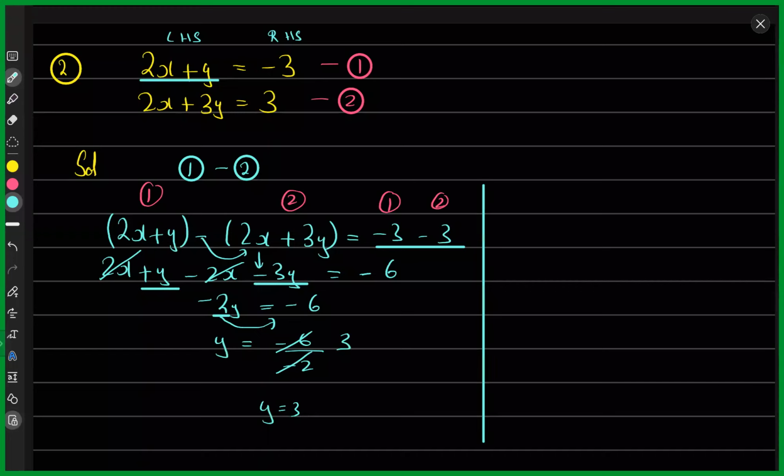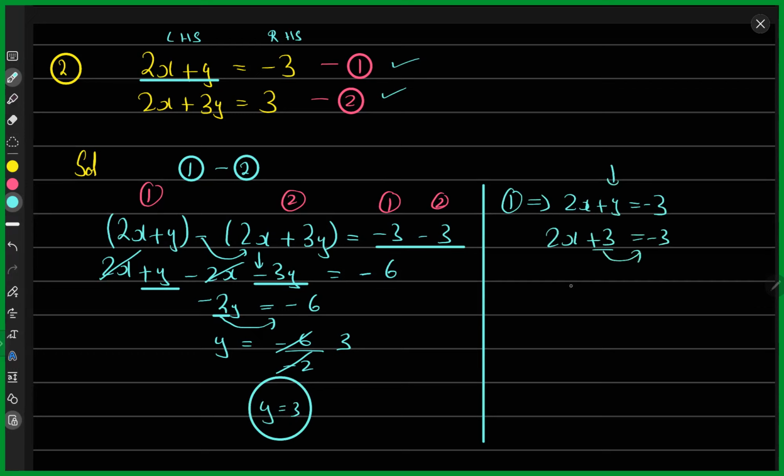Very good, Taha. So that means I can consider any of the two equations that I had, either one or two. It's completely your choice. I'll go with one. Equation 1 is 2x plus y equals minus 3. Now I know that y is equal to 3, so I'll plug in the value of y over here. This would give me 2x plus 3 equals minus 3.